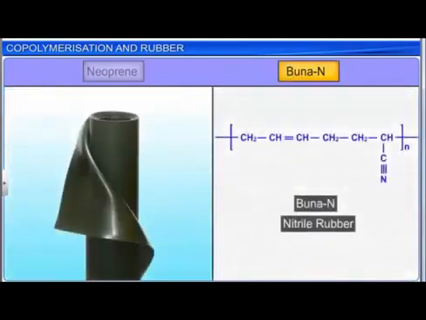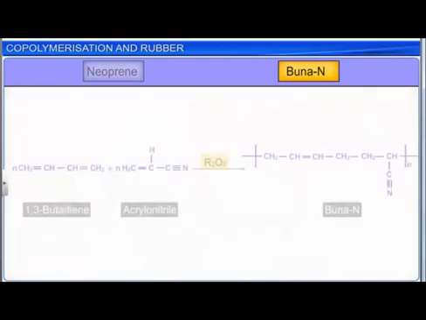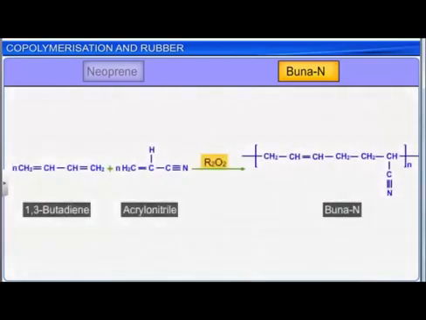Another important synthetic rubber is Buna-N, also known as nitrile rubber. It is a copolymer of 1,3-butadiene and another unsaturated monomer, acrylonitrile. A peroxide catalyst is required for the reaction. The overall equation is shown here.